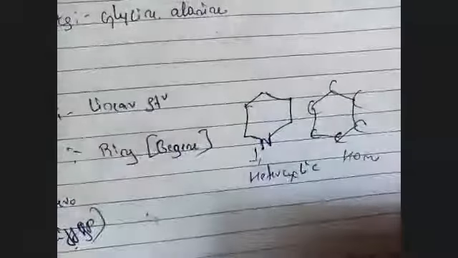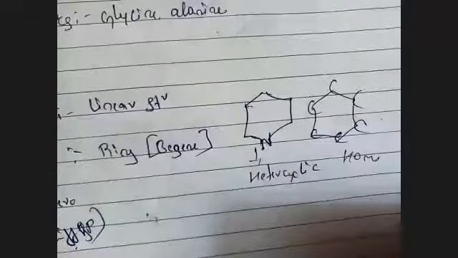For example, this is a benzene ring. If this carbon is replaced by nitrogen, this is called heterocyclic. If all the corners are filled with carbon, this is homo. Are you getting my point?